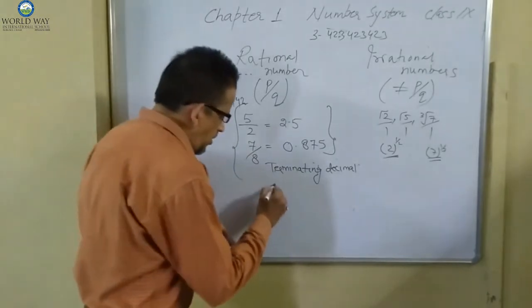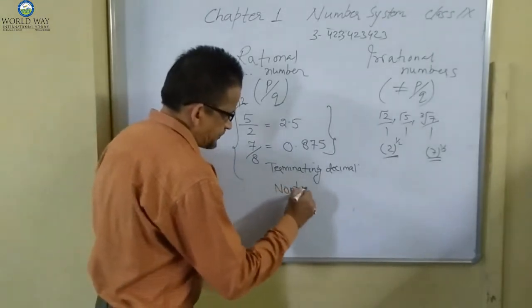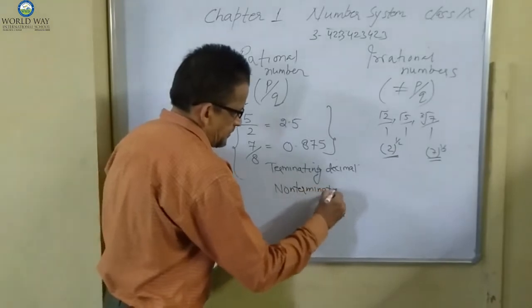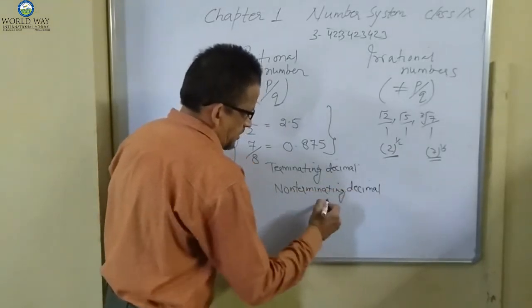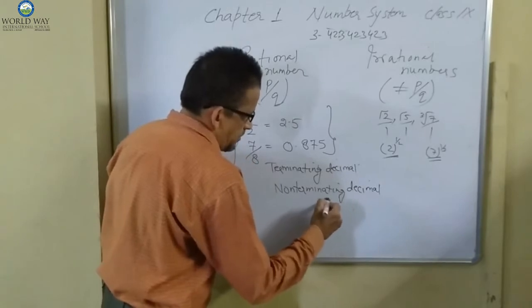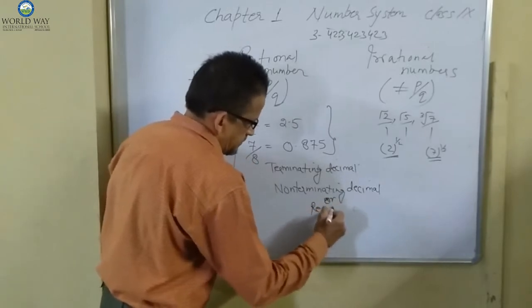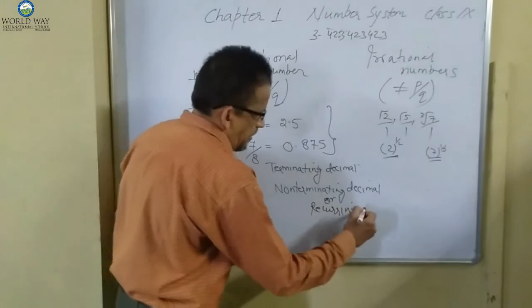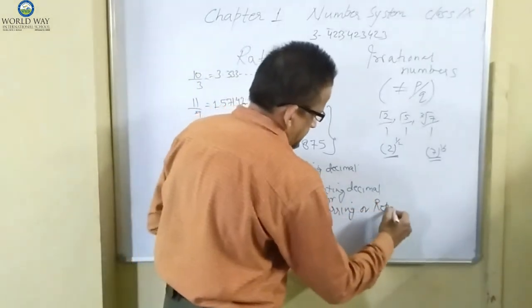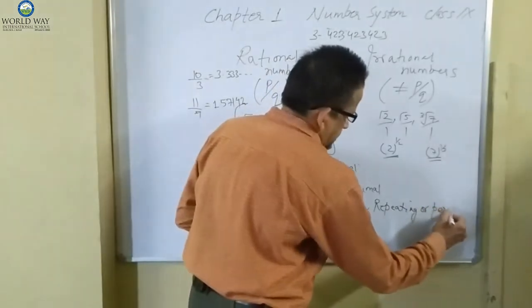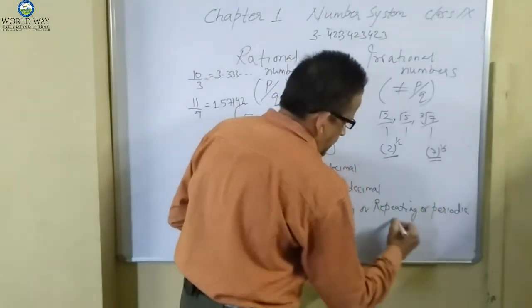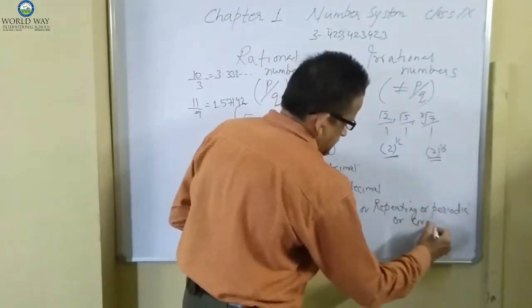Such decimal expansions are called non-terminating, or recurring, or repeating, or periodic, or circulating.